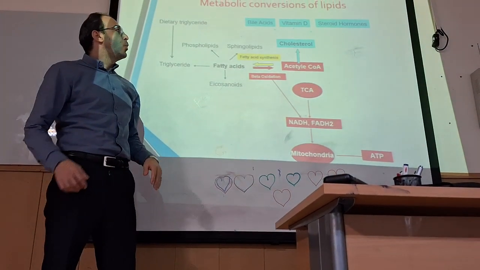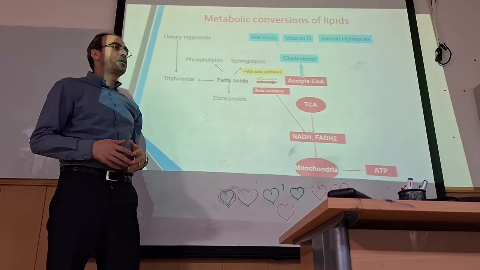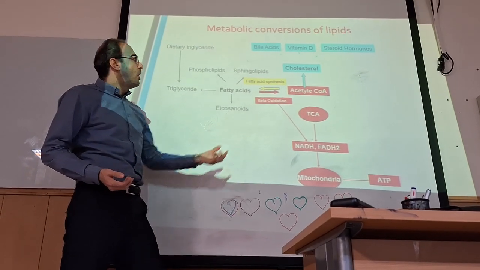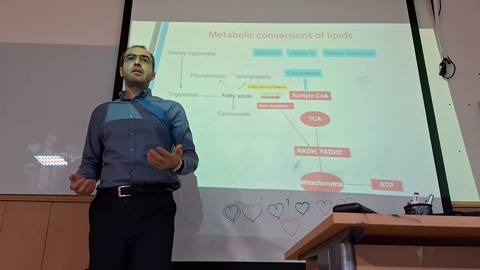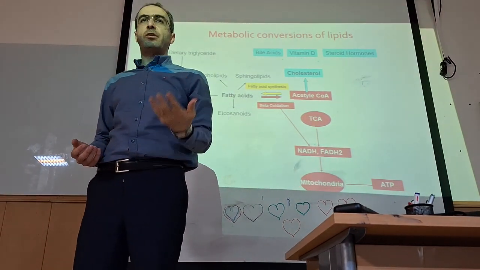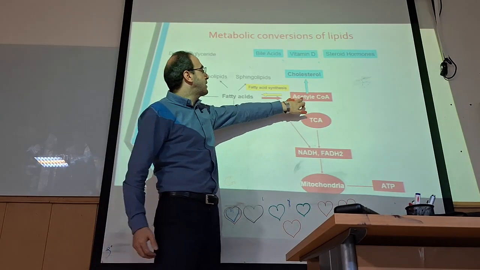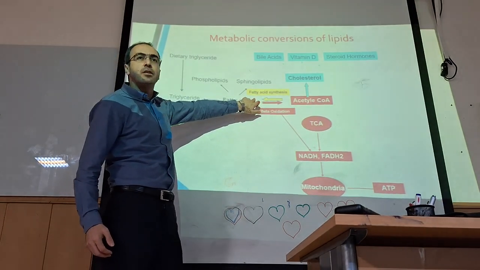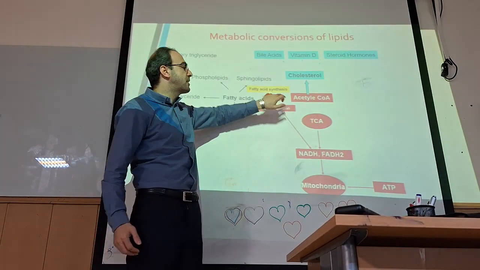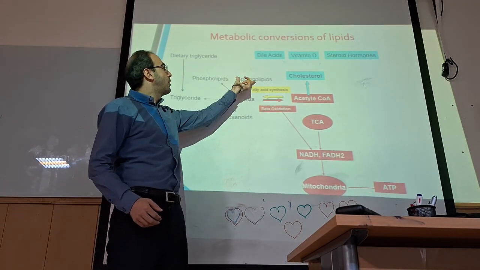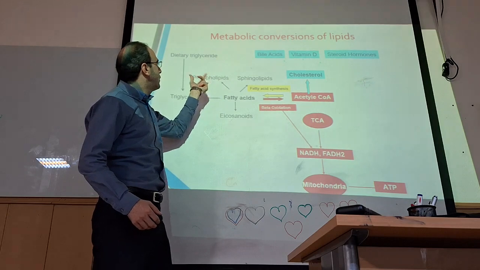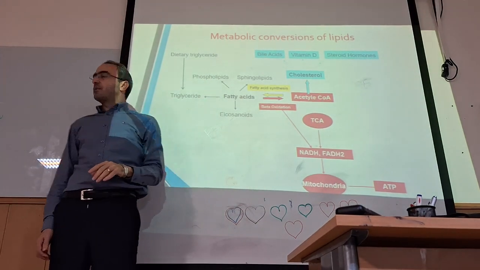Sometimes we need to synthesize fatty acid. We can produce acetyl-CoA from other sources like carbohydrate, like amino acids also. This acetyl-CoA converts to the fatty acid by the fatty acid synthesis process. And this fatty acid can be used for synthesis of sphingolipids or phospholipids.